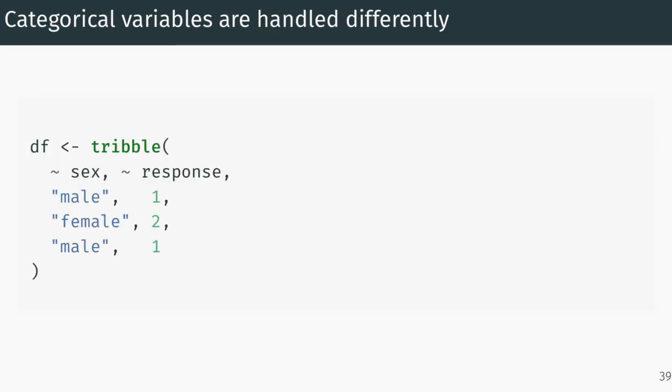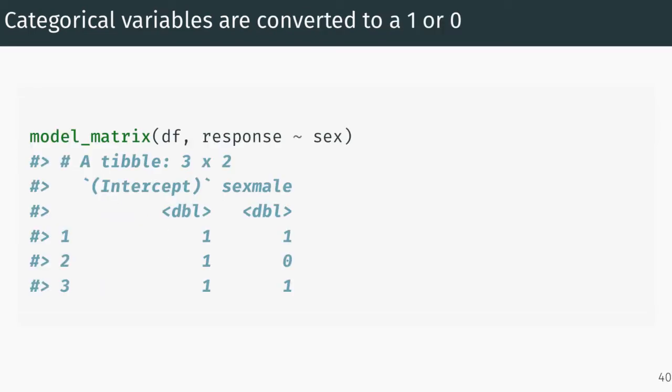Categorical variables are handled differently, and you can see that by using model matrix also. Here we have a response variable, so think of this as y, and think of this as x. When we try to predict y on the basis of x, one of the x values becomes assigned to 1, and the other one is assigned to 0.